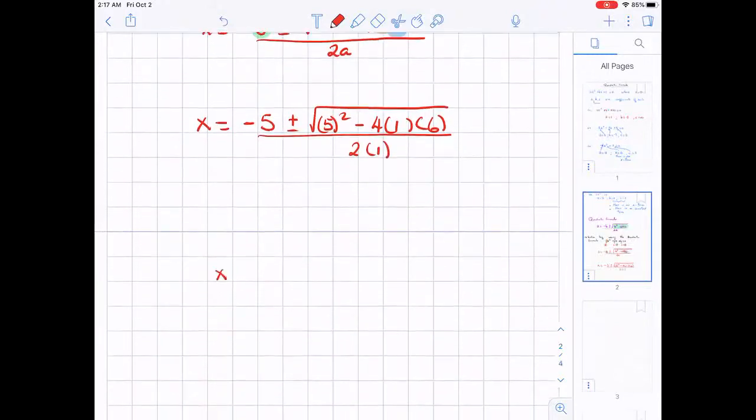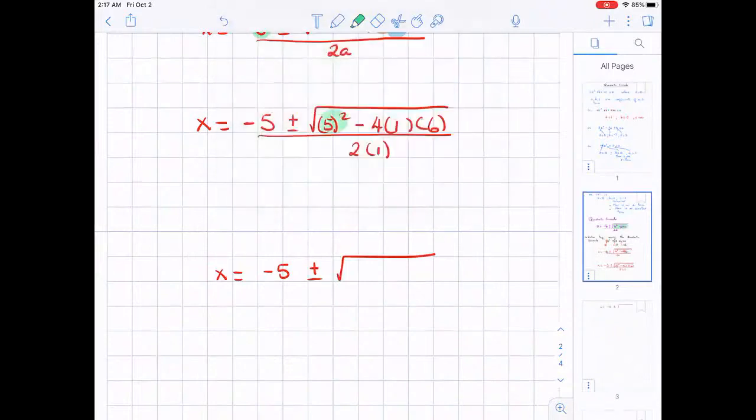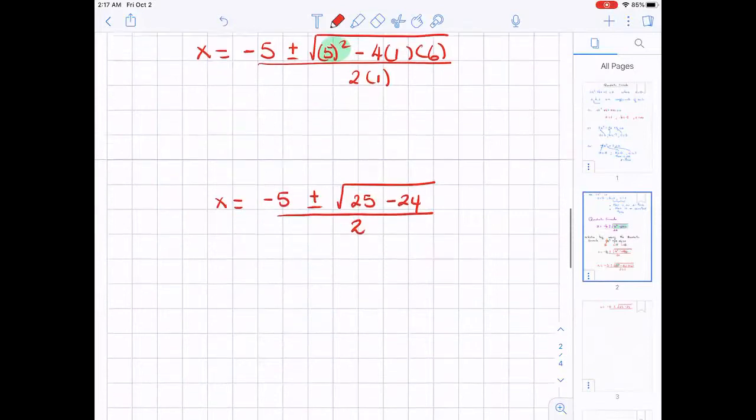So we continue: minus 5 plus or minus the square root of, if you square b, that becomes 25, and minus 4 times 1 is minus 4, times 6 is minus 24, everything over 2 times 1, which is 2.